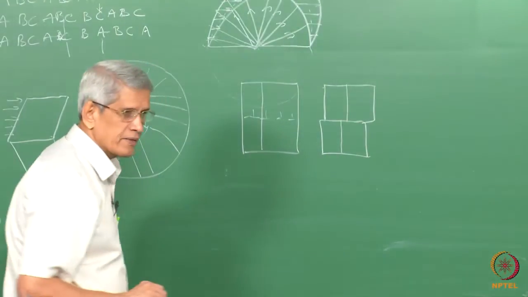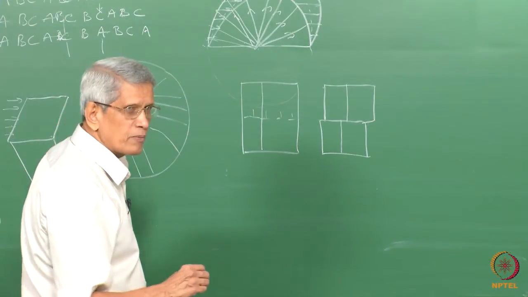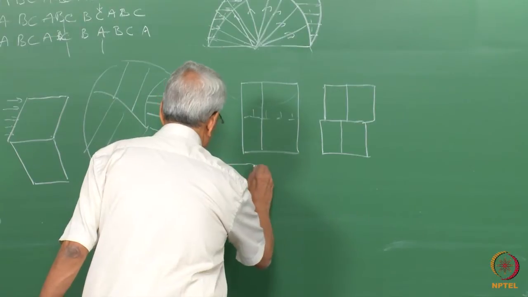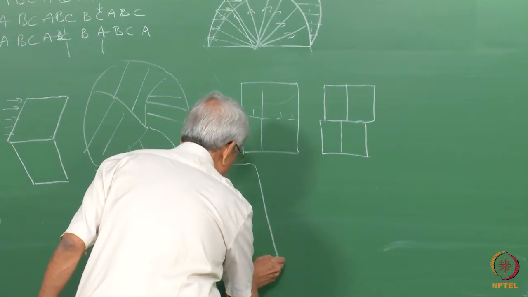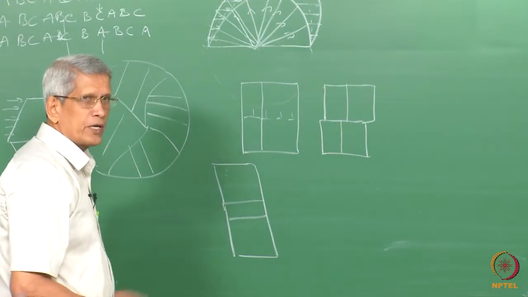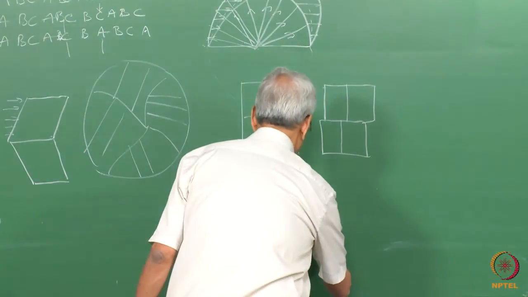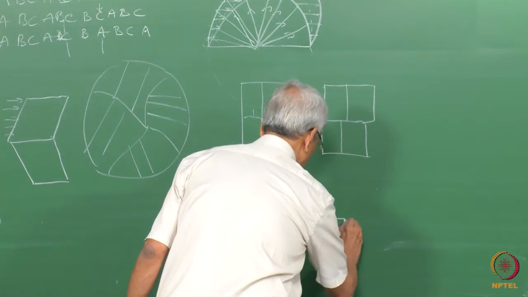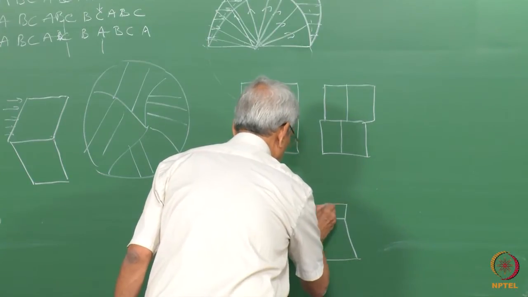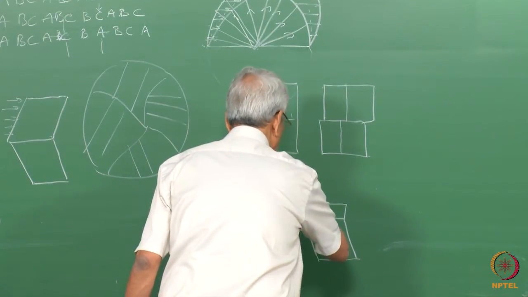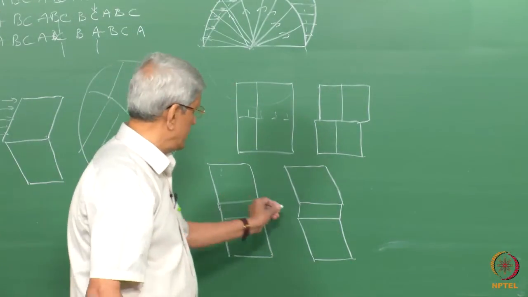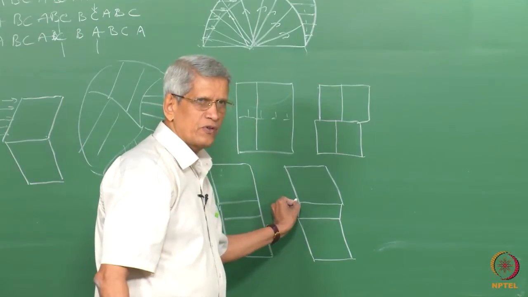Let us take the case when the material deforms by twin. This is the region where the twinning is taking place, within this band. When twinning occurs, the rest of the regions remain in the same position. This is what happens. There is an overall shift which has taken place.